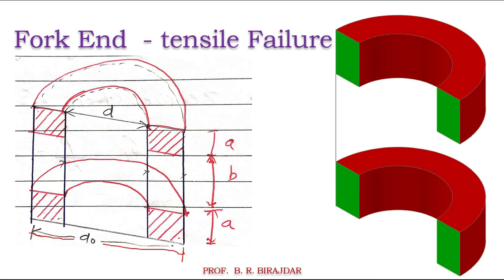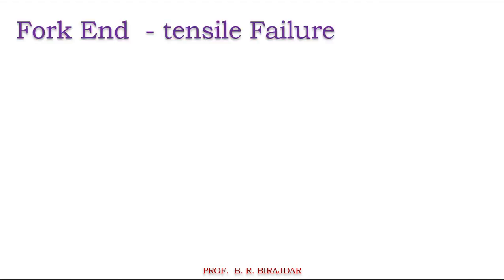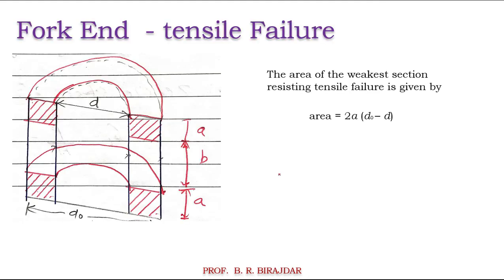If you multiply by 2, or DO minus D divided by 2, you get one area, and multiply by 4, as there are 4 areas, that is the resisting area you can calculate. Twice A into DO minus D is the total area you will get.